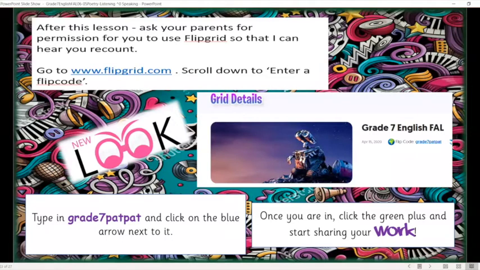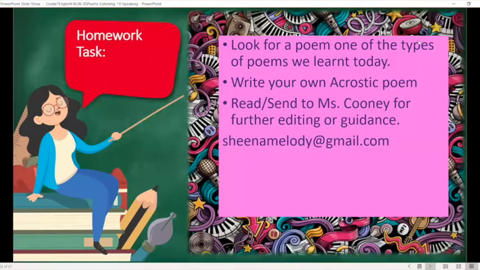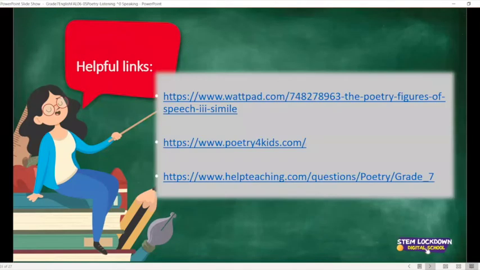So let me give you a few tips. There's my email, as you know. And then we have, this is pretty cool, Poetry for Kids. There are so many cool things to do there. They are really interactive, and there are some funny poems and some games and some things to read.